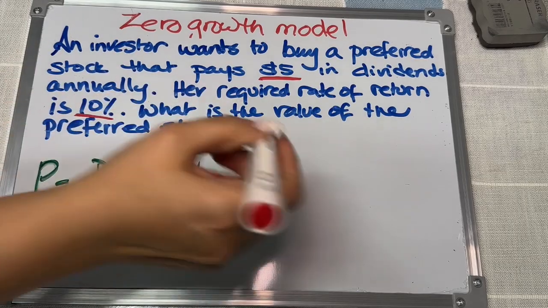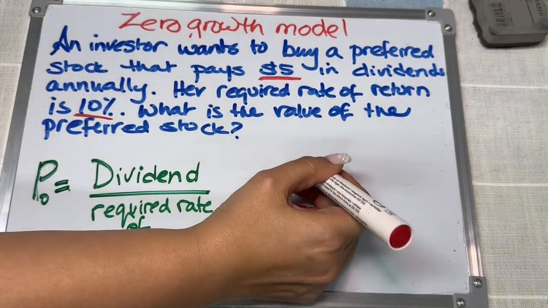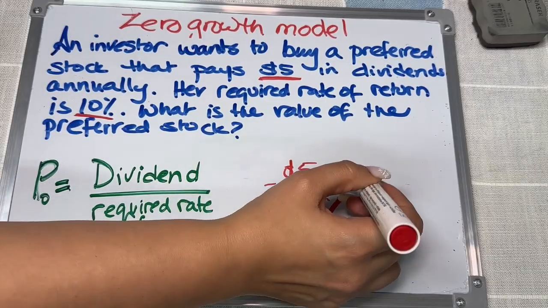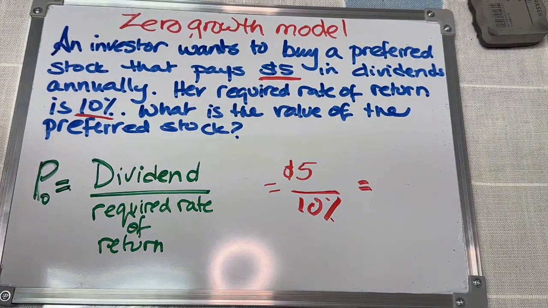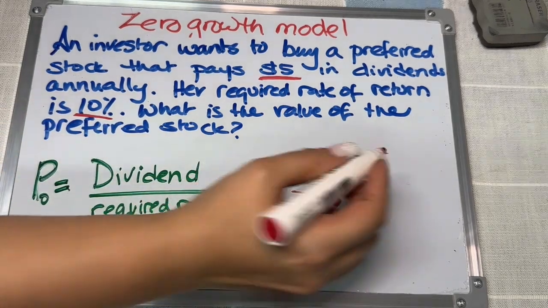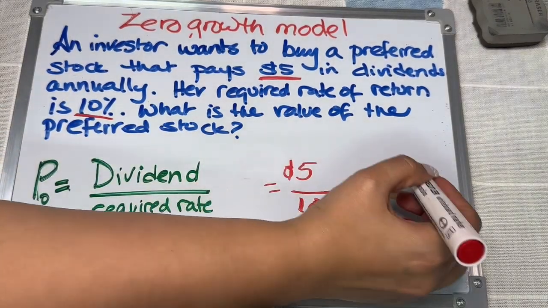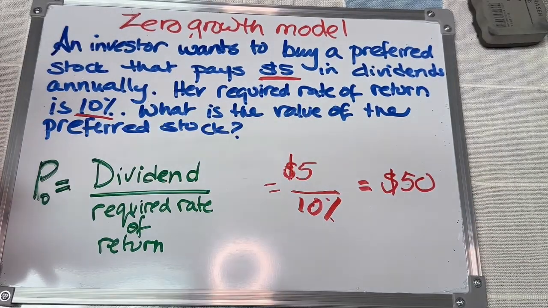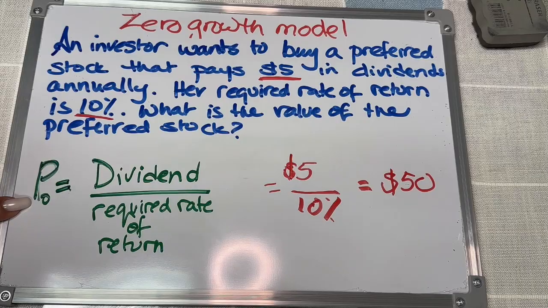So simply, you would take the dividend, which is the $5, divided by the 10%, you would calculate this. How much do you get? $50. Okay? So that would be the price of the preferred share, or the value of it to her, or how much you would pay for it. Okay?